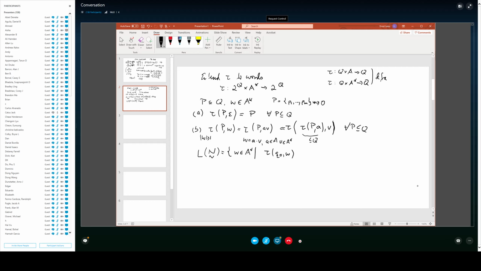This is a subset of Q. By this definition, we start in the initial state, we determine exactly all the states that can be reached using up all the letters of the word W, and we want to know whether one of those is a final state.